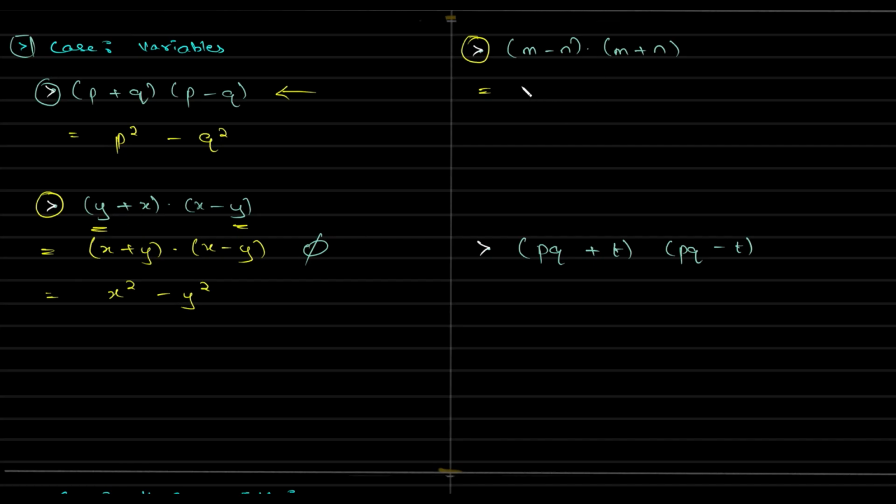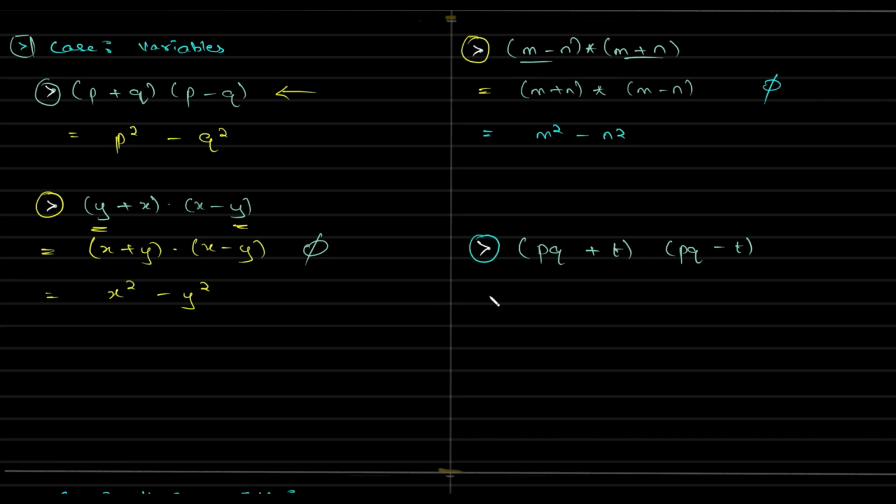Here too, I'll use the commutative law between two terms which are getting multiplied, that is (m plus n) into (m minus n). I'm just flipping the terms which are getting multiplied, right? That I can do. Again, this step is not required. I just do it so that you guys can understand. So this is m square minus n square.